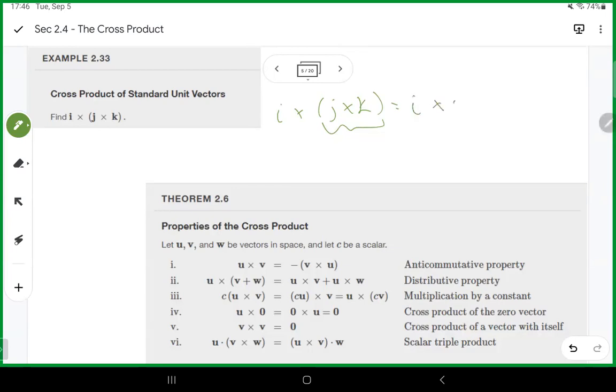So it's going to be i cross i, which is just going to be 0. And you can prove that to yourself a whole bunch of times. That's why I gave them all to you.